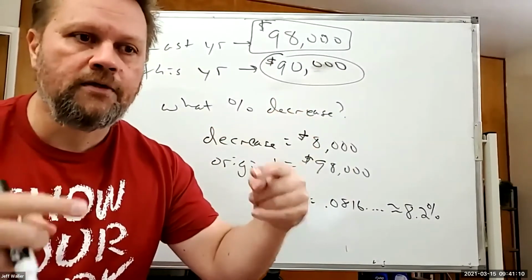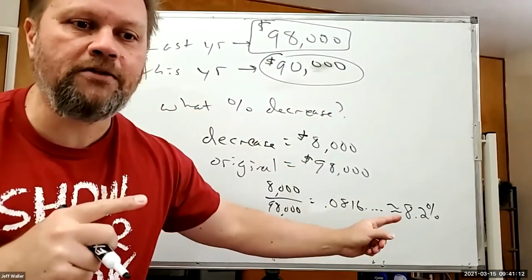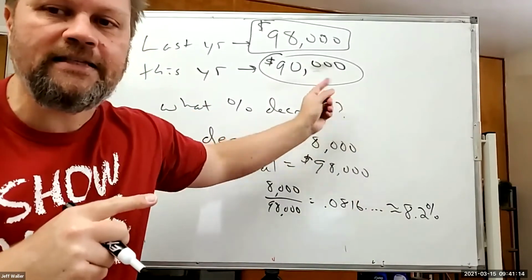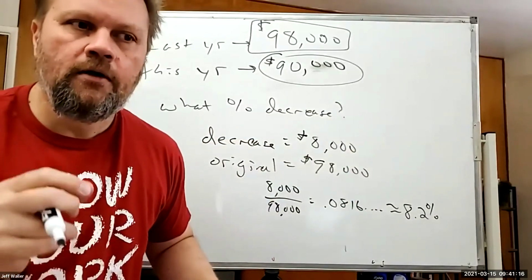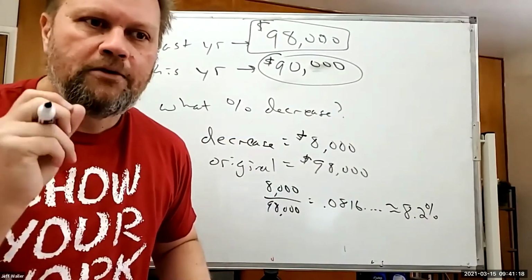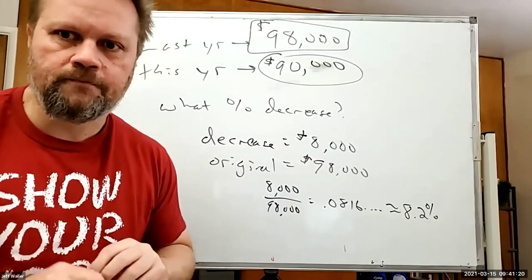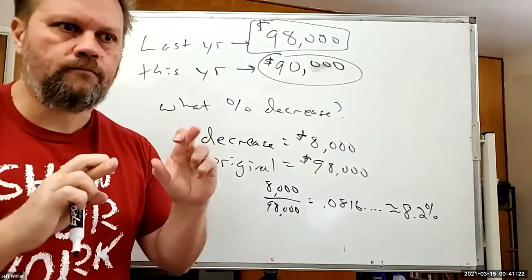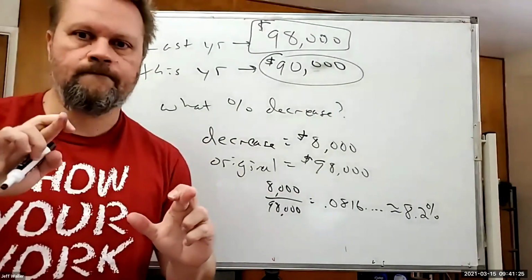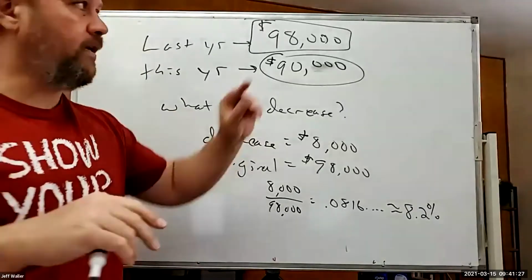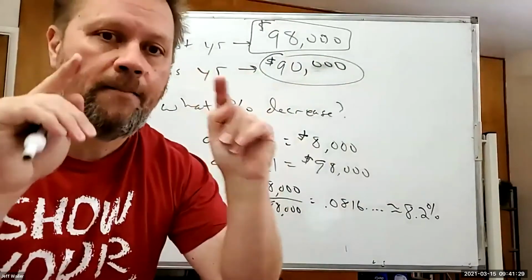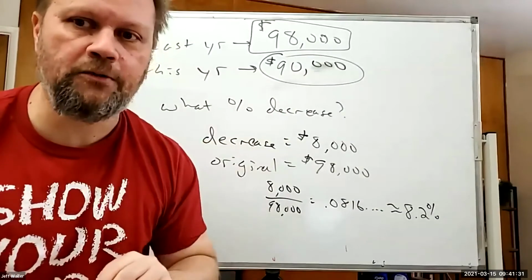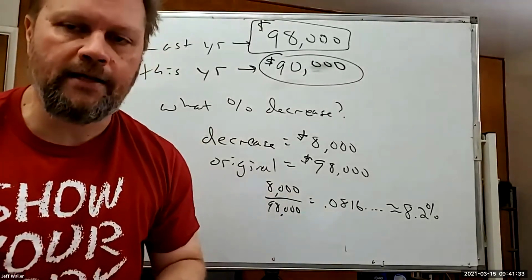That amount decreased by 8.2% to get to 90,000. What am I taking 8.2% of?